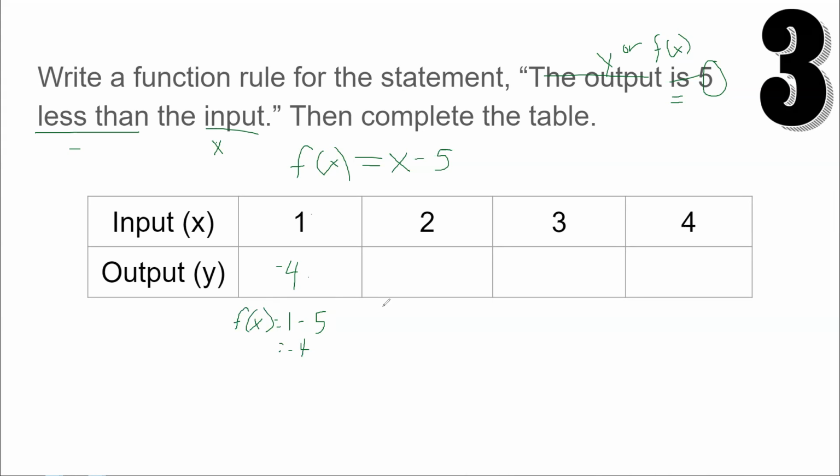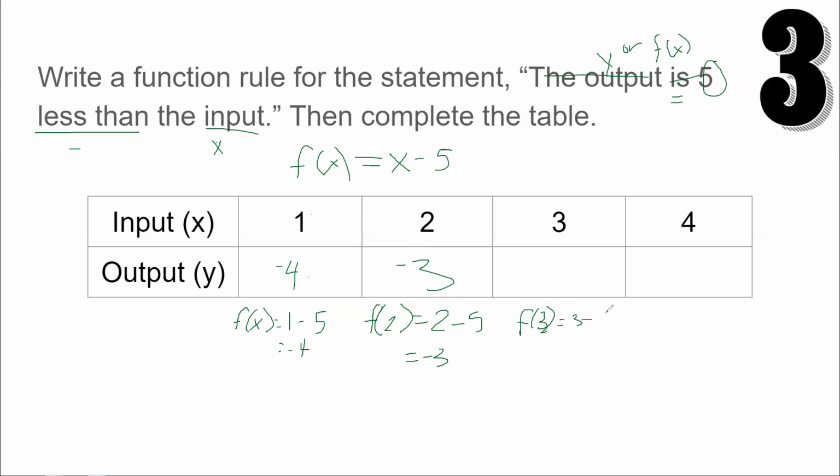Let's do it with our 2 now. f of 2 is 2 minus 5, which is going to simplify to a -3. Same thing with our 3. We're plugging that in, substitute that in for x.